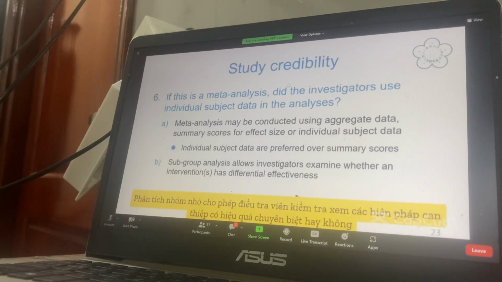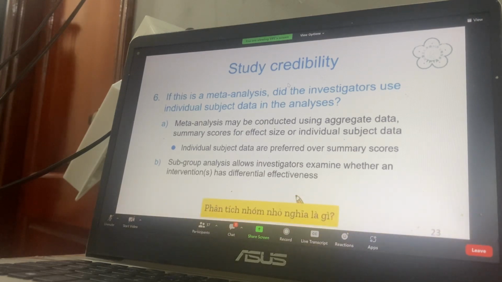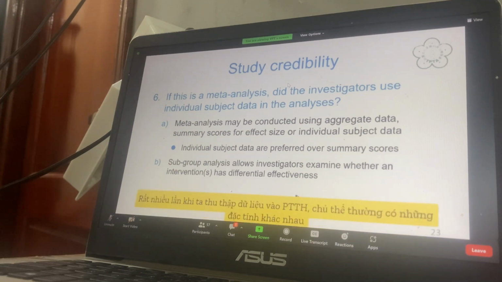Subgroup analysis allows investigators to examine whether an intervention has differential effects. What we mean by subgroup analysis is that a lot of the time, when we are including data into a meta-analysis, the subjects may have different characteristics.